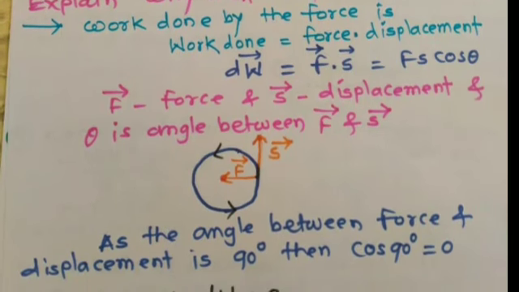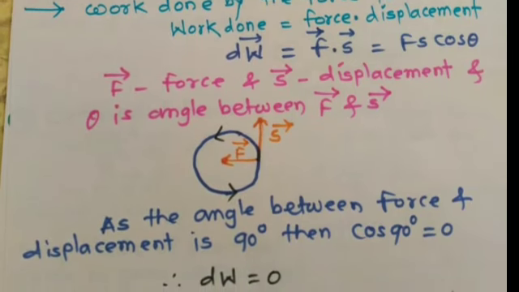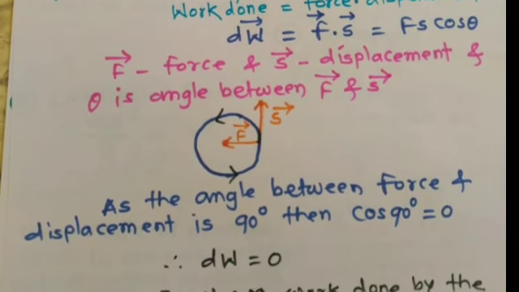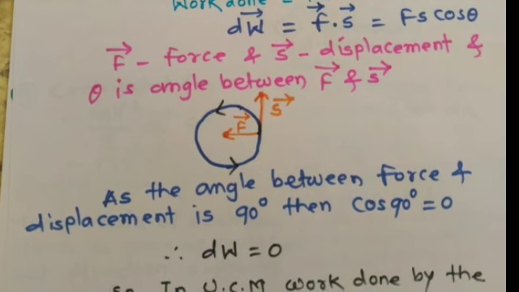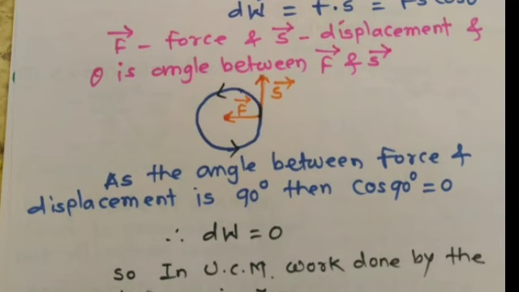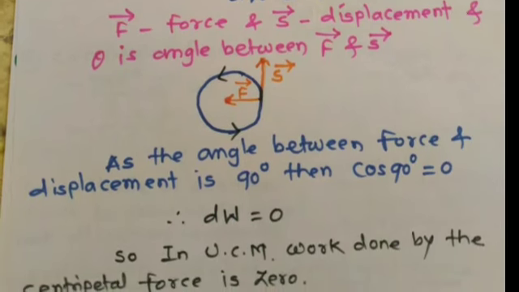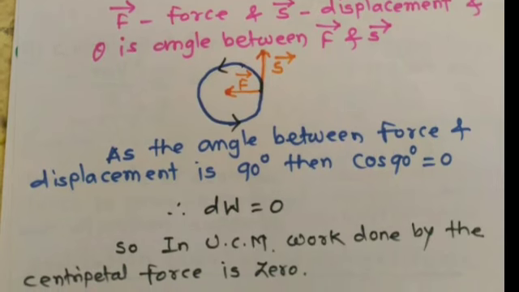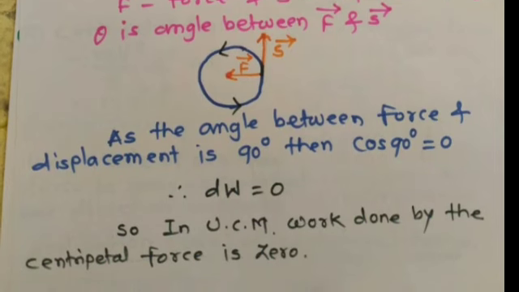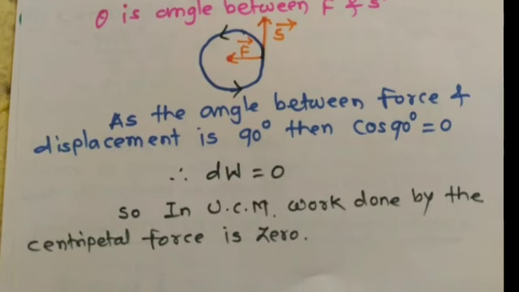Vector f is force, vector s is displacement, and theta is the angle between force and displacement. As the angle between force and displacement is 90 degrees, cos 90 degrees is equal to 0. So work done dW becomes 0. Means in uniform circular motion, work done by the centripetal force is 0.